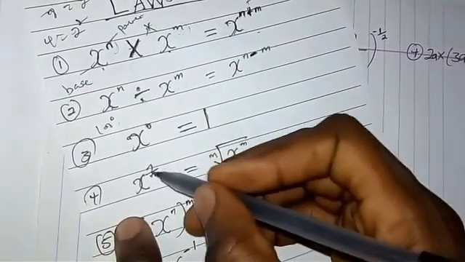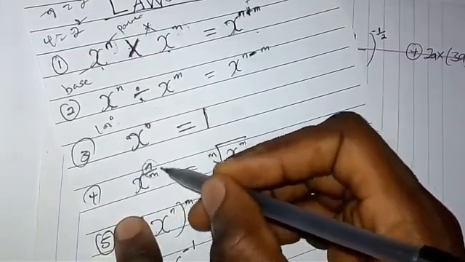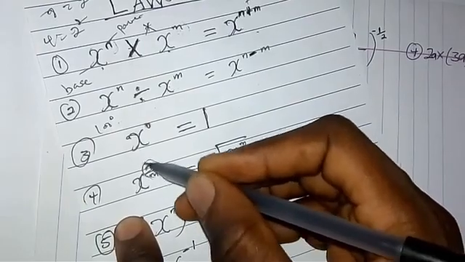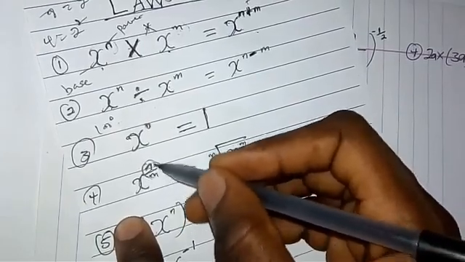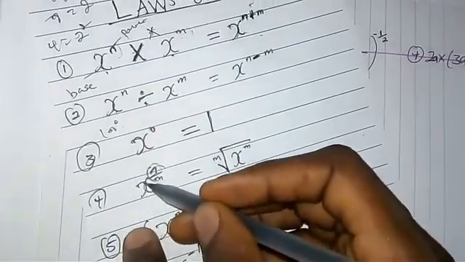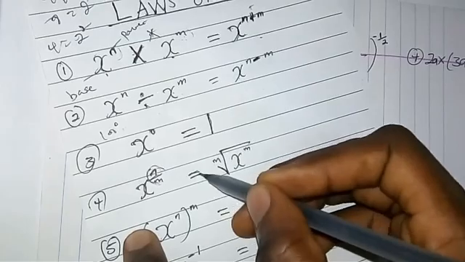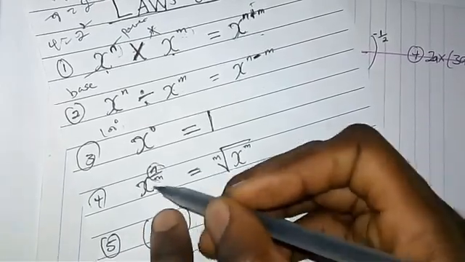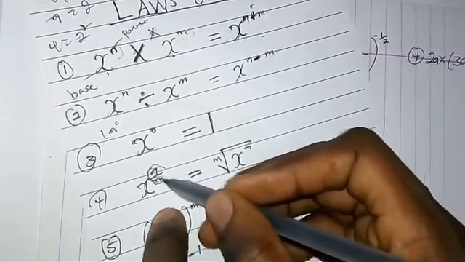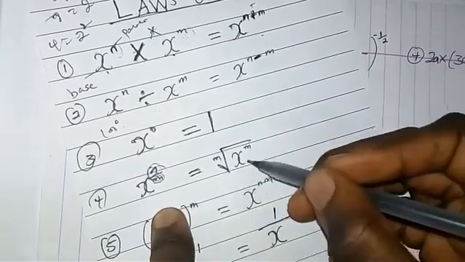We have x raised to the power of a fraction. When we have a fraction as our power and we have a base, you can simply express it like this. According to the law of indices, the denominator creates a root on the x.